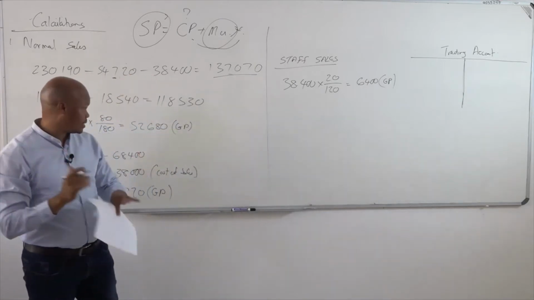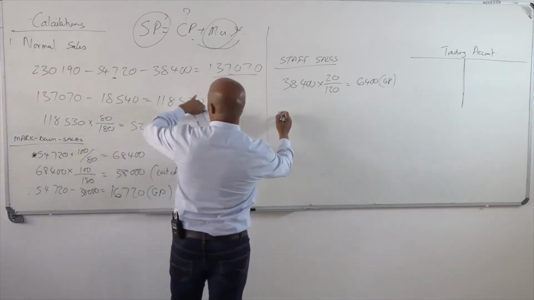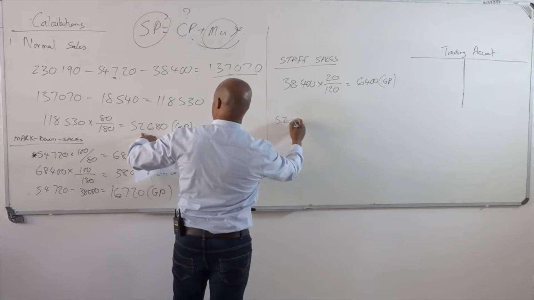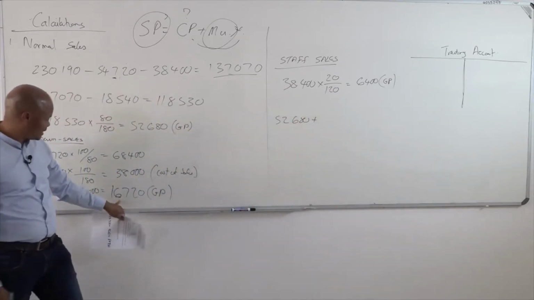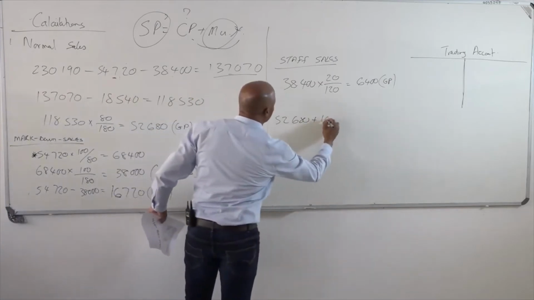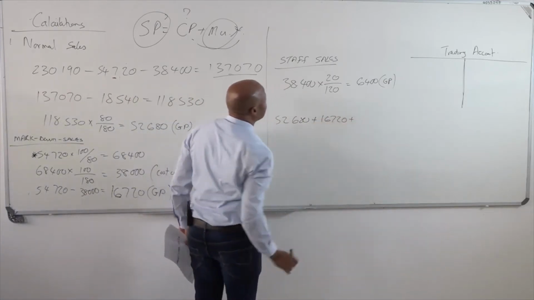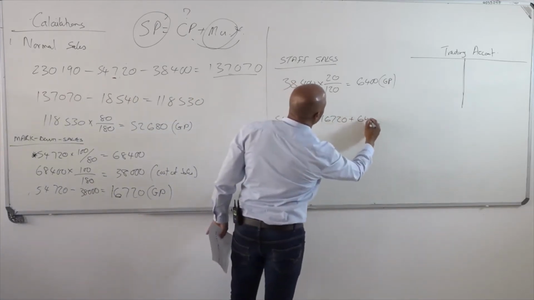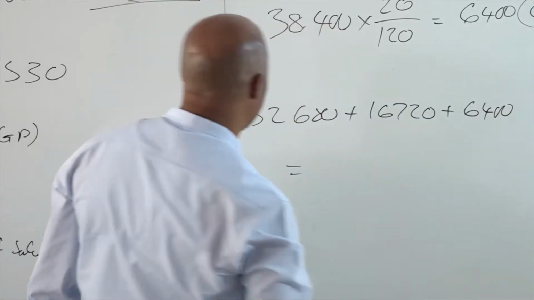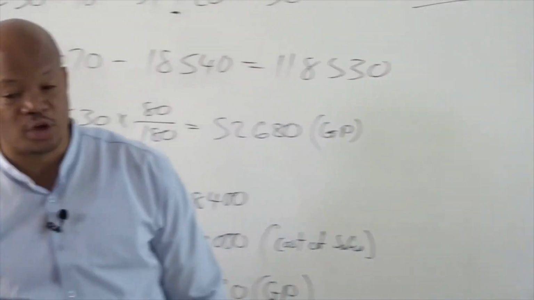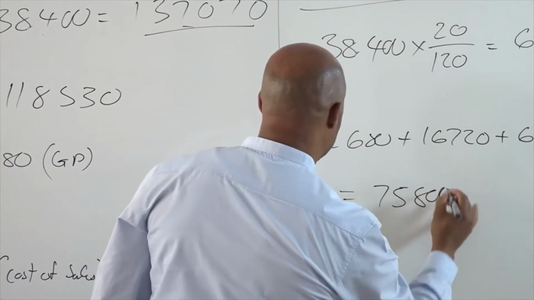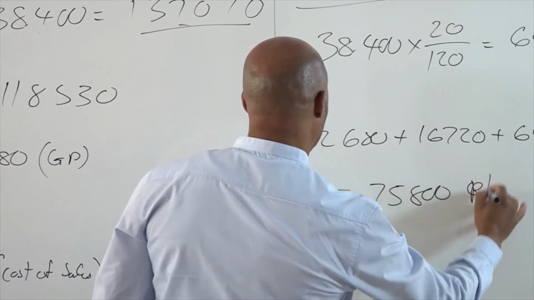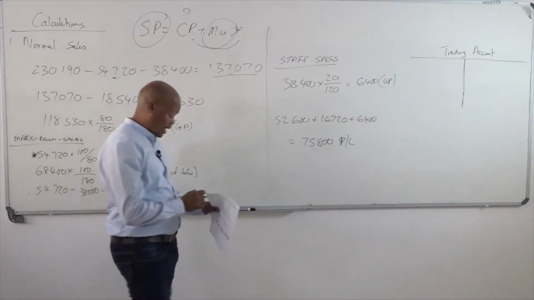Add all these together: 52,680 plus 16,720 plus 6,400, and that will give you a total of 75,800. And that will be our profit and loss.